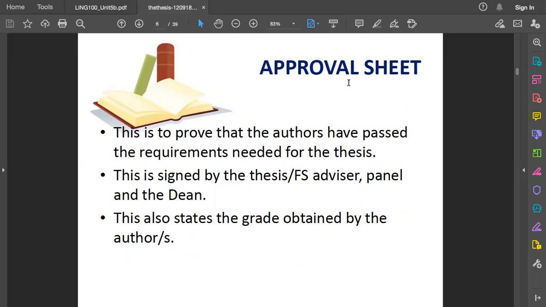All you need to do is fill it out with your names, the names of your advisor, the panel members, the dean, if your institution asks for that, and also the title of your research.